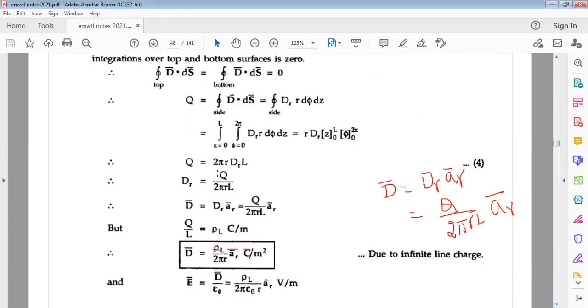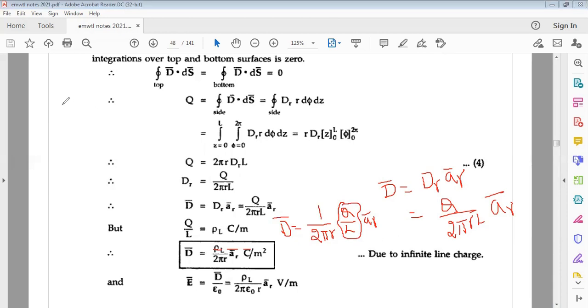Now here we have to know one thing. In this D bar, you can write it as 1 by 2πr, and Q by L, and ar bar. So what is this Q by L? It is charge per length.